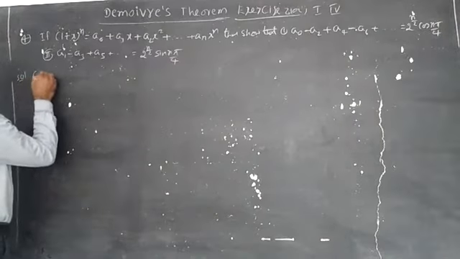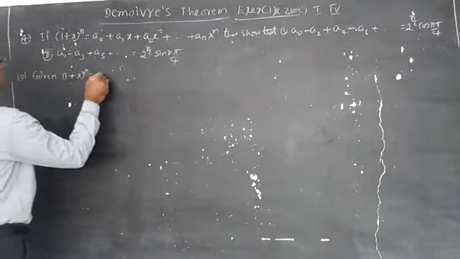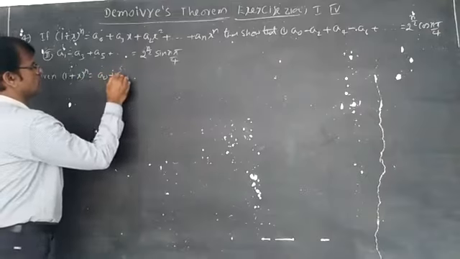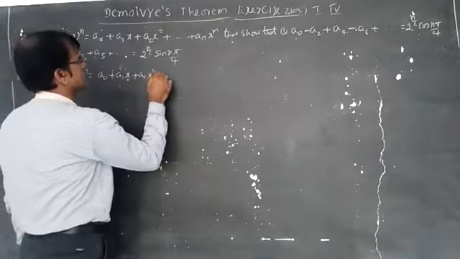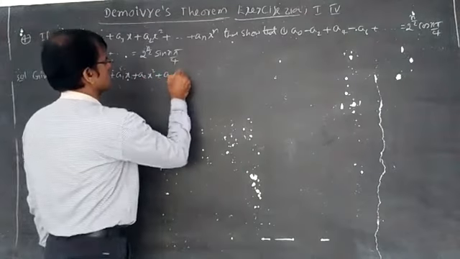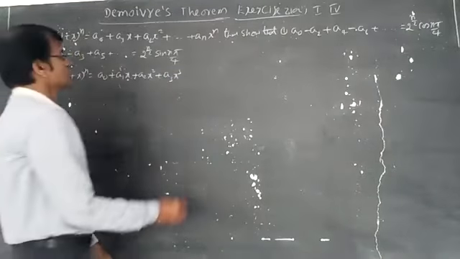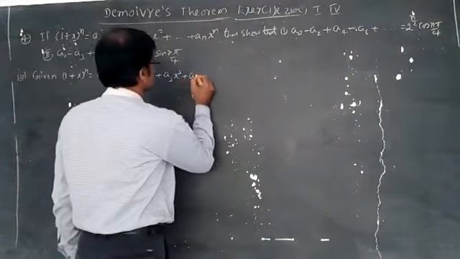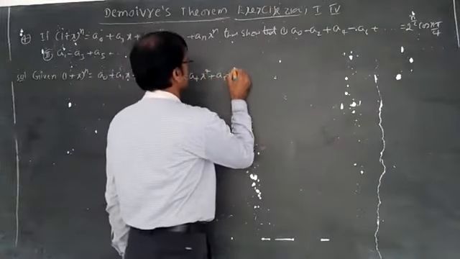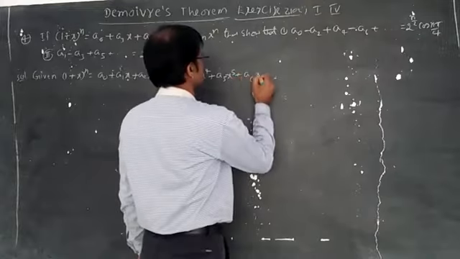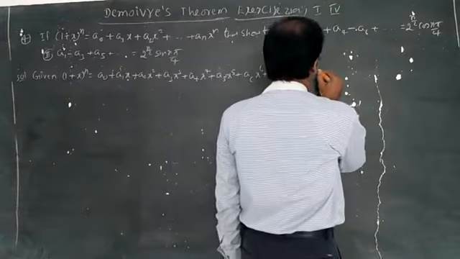Given (1 plus x) whole power n is equal to a0 plus a1x plus a2x squared plus a3x cubed plus a4x power 4 plus a5x power 5 plus a6x power 6 plus so on, of course plus an x power n.